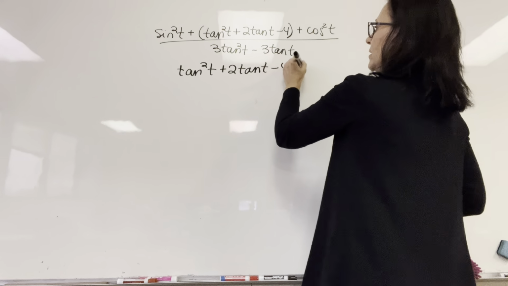Now what would you do? Cancel out our like terms. So now we have tan t plus 3 over 3 tan t. Can I simplify that any more? Well, now I have numbers added in the numerator over one common denominator, so I can break this up into tan of t over 3 tan of t plus 3 over 3 tan of t.